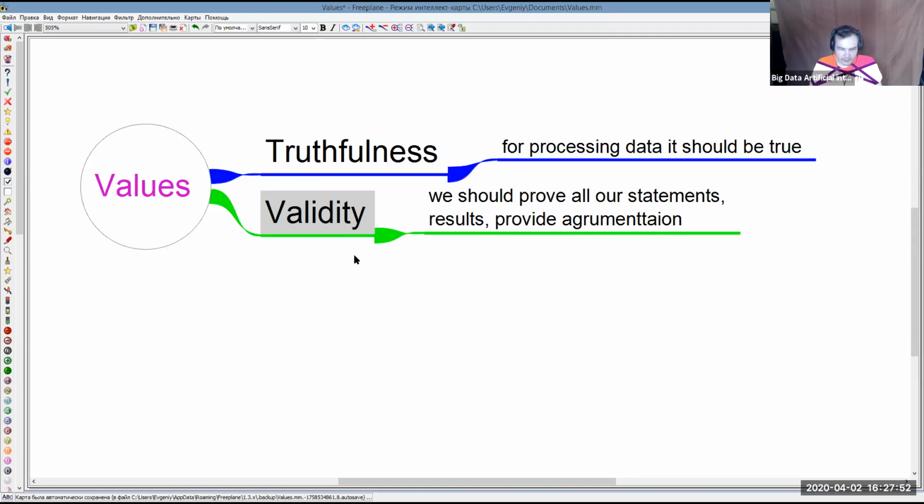Okay. So actually, this value suits not only data scientists, but mathematicians. Yeah, sure. That's обоснованность in Russian, yeah.